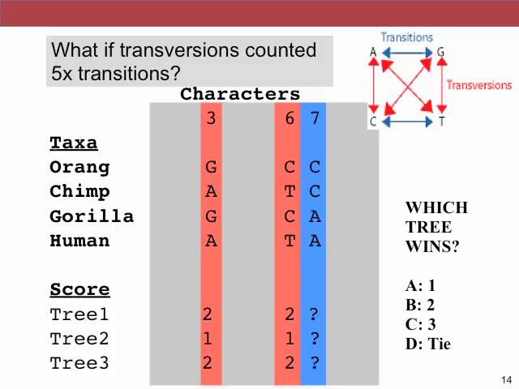If we did that, now tree number 1, again, which only required 1 transversion, is penalized a lot less than the trees that required 2 transversions, and tree number 1 is now the winning tree. So this weighting of different types of changes can have profound impacts on our phylogenetic conclusions.